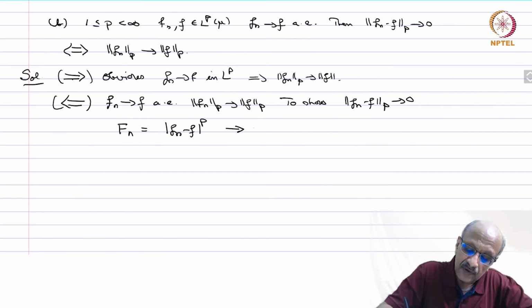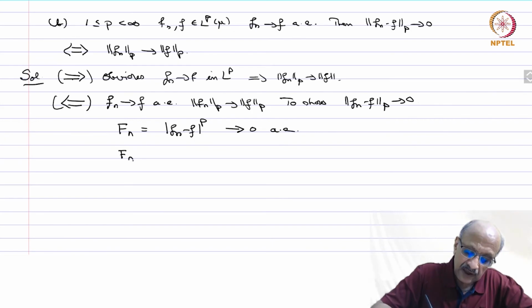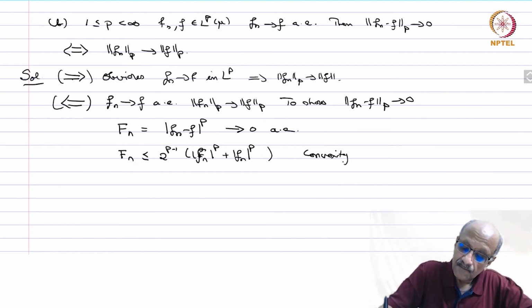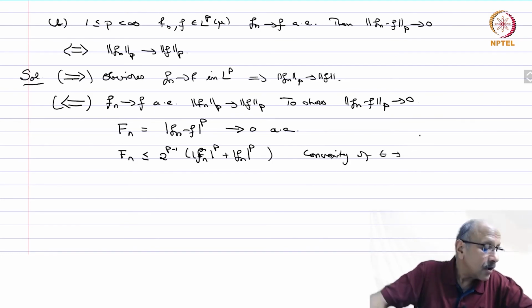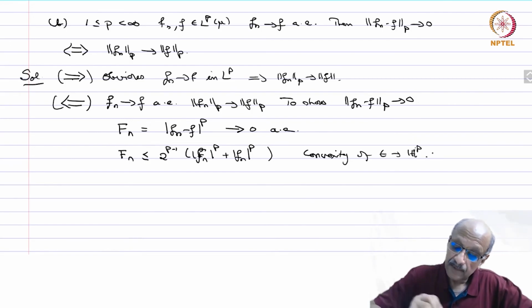By hypothesis this goes to 0 almost everywhere, and then by convexity this is less than or equal to 2 power p minus 1 times mod Fn to the p plus mod F power p. So this is convexity of t going to mod t power p.